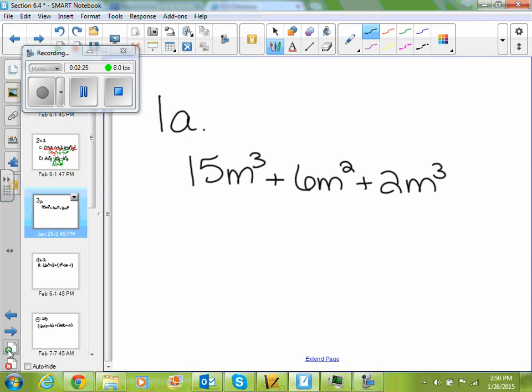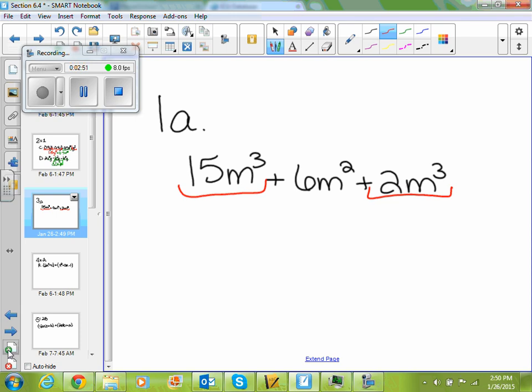Okay, so if we look at 1A, which we were supposed to look at, but it disappeared. 15m cubed plus 6m squared plus 2m cubed. What has the same letter and same number? The 15 and the 2. The 15 and the 2, right? 15m cubed, 2m cubed. You can't combine this one because that's a 2, not a 3.